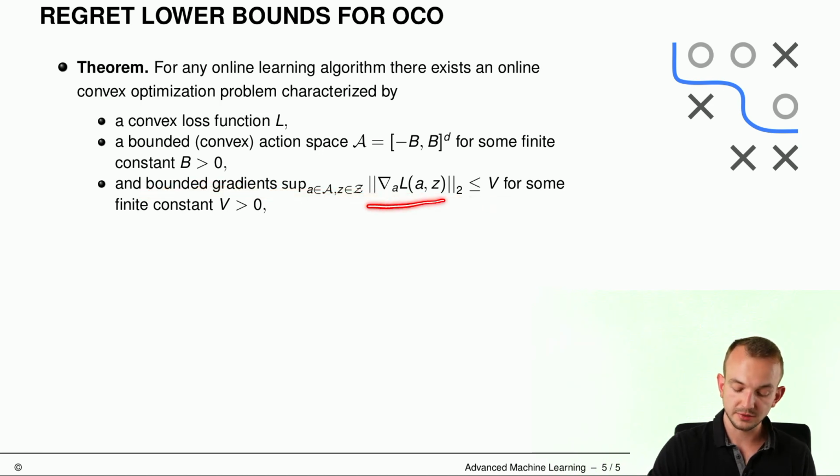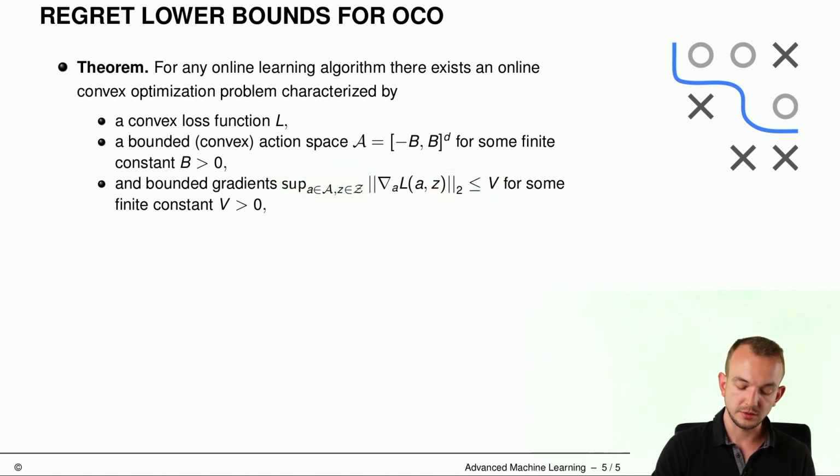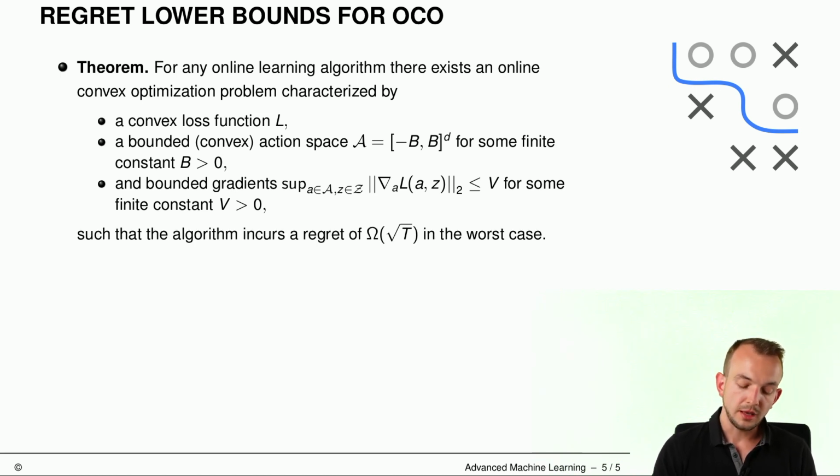All the gradients you can have are bounded in terms of their Euclidean length by some finite constant v. For every pair, this is an upper bound, even for the supremum. And your algorithm will still have a regret which is growing at least as square root T in the worst case.